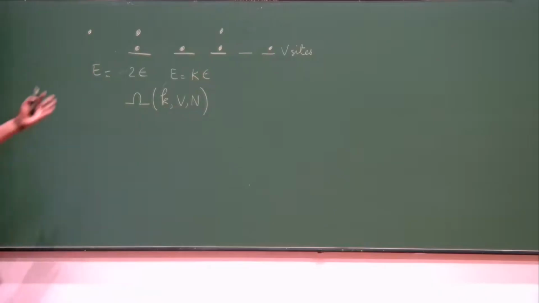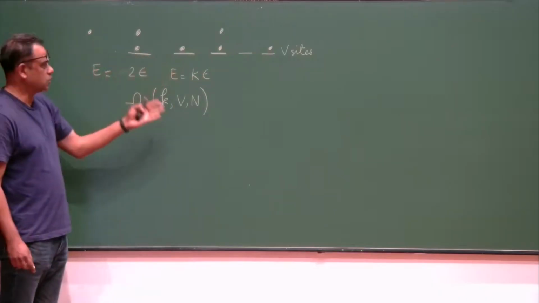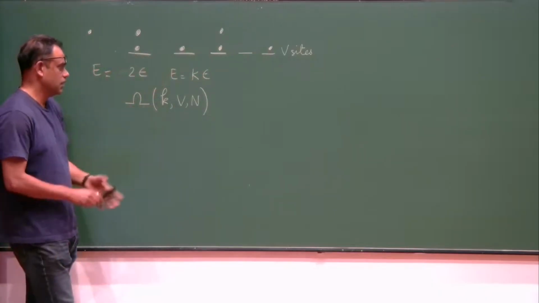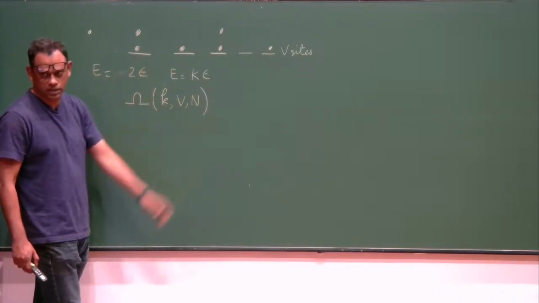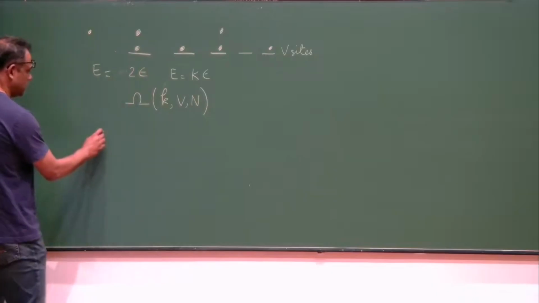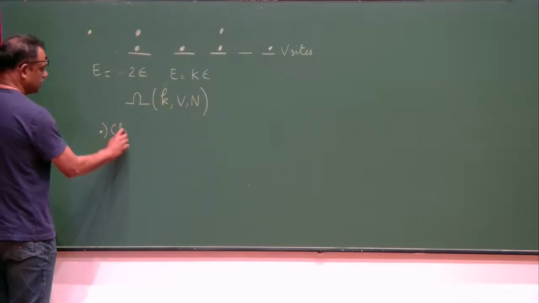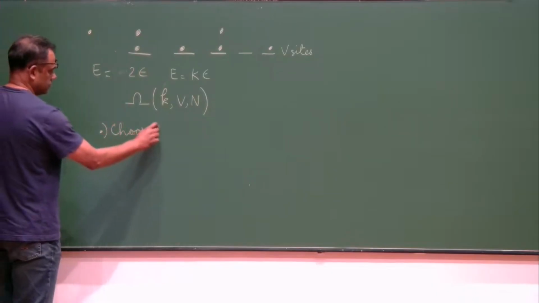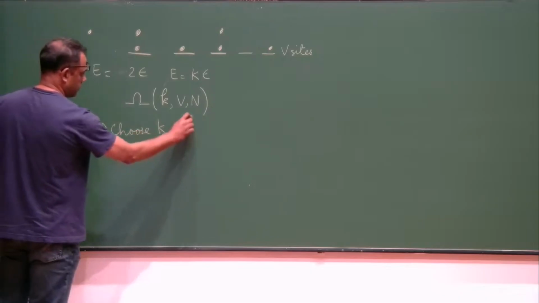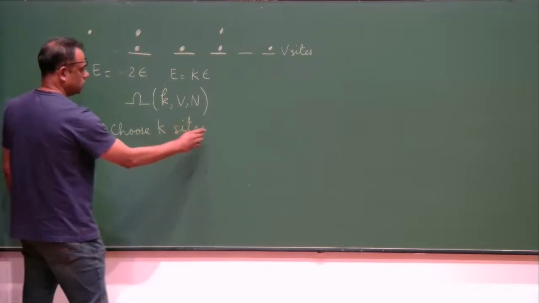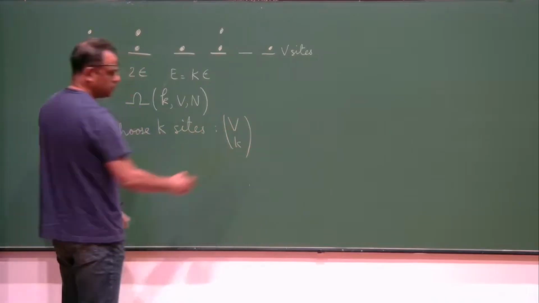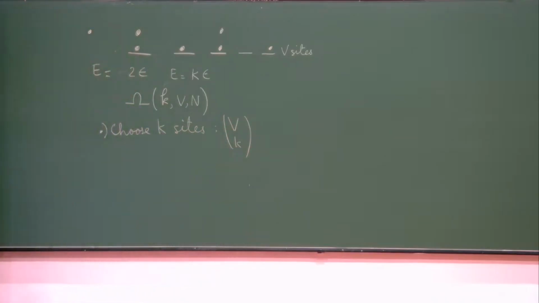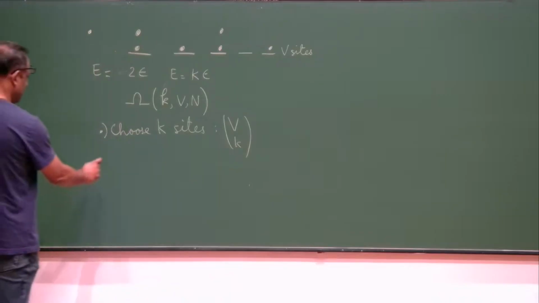So now how will I distribute these? I want to distribute N particles such that on k sites there are 2 of them and the remaining are randomly distributed. So the first question is to choose k sites. How many ways can I do this? In V choose k ways. Once I choose these k sites, I have only one way of putting 2 particles there. How many particles remain?